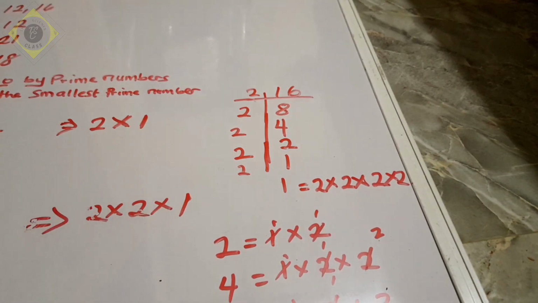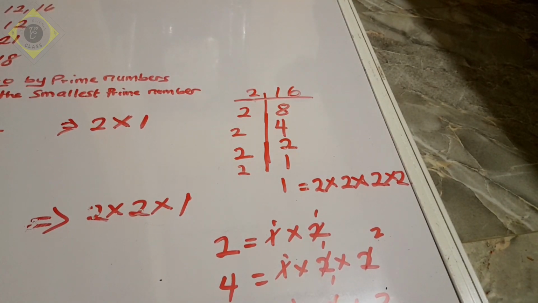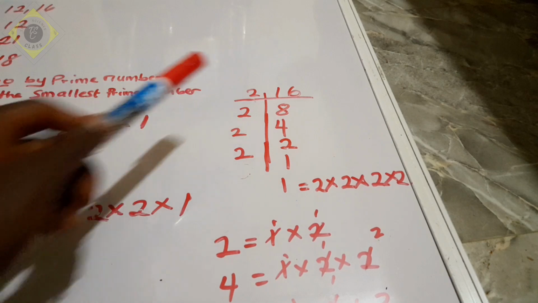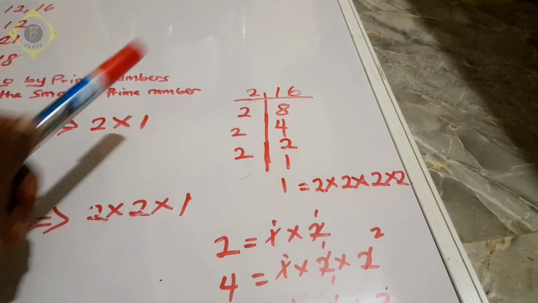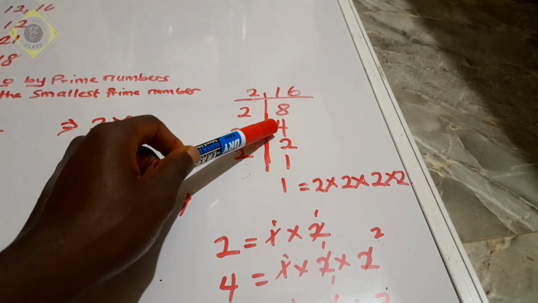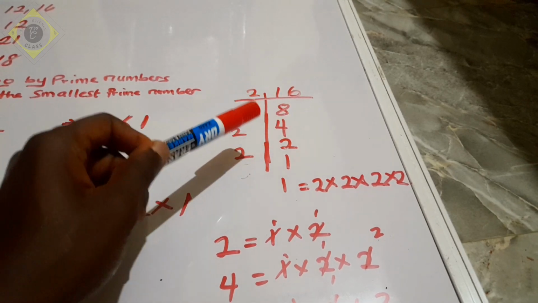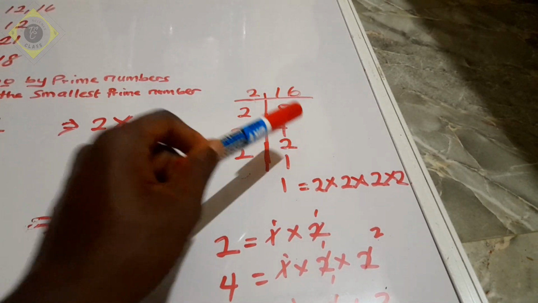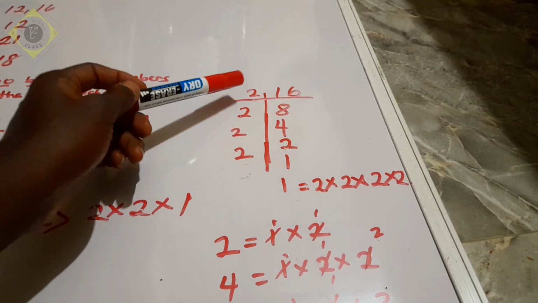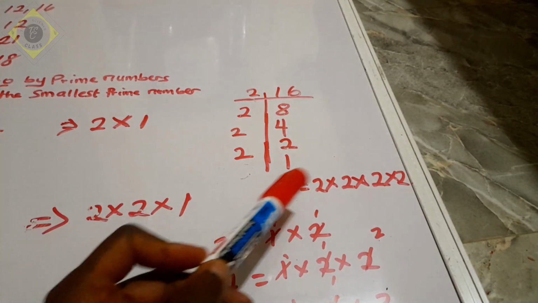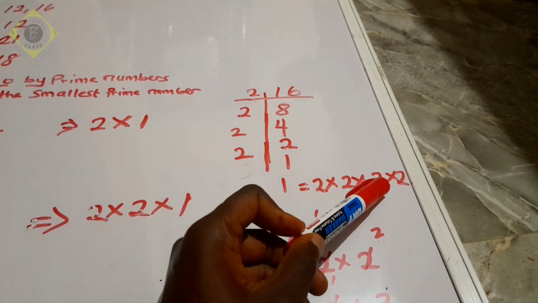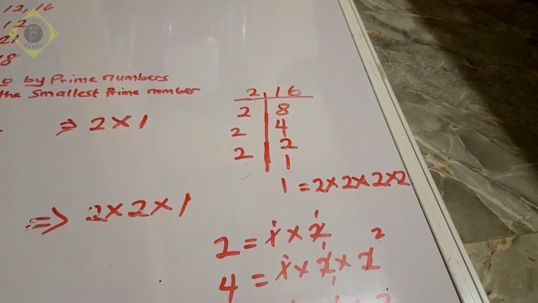So you have 2 going 4 times. 2 in 16, 8. 2 in 8, 4. 2 in 4, 2. 2 in 2, 1. So 2 times 2 times 2 times 2 gives you 16. Here it is. 2 times 2 times 2 times 2 gives you 16.